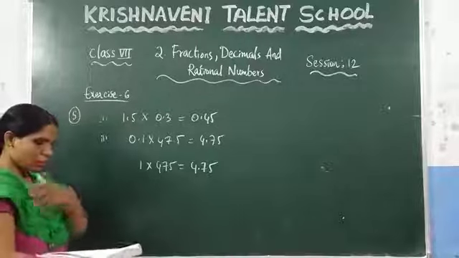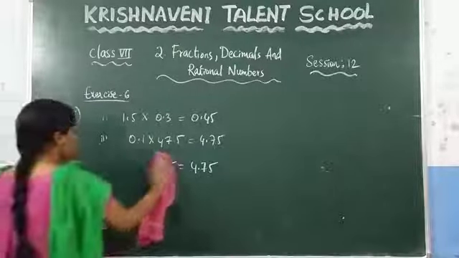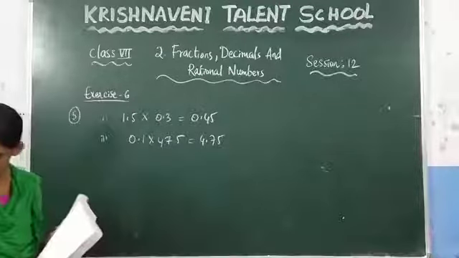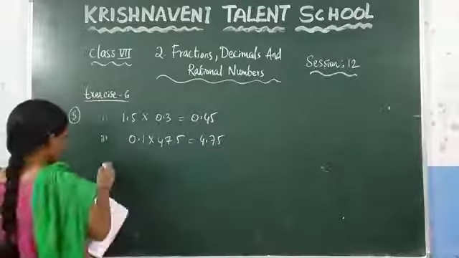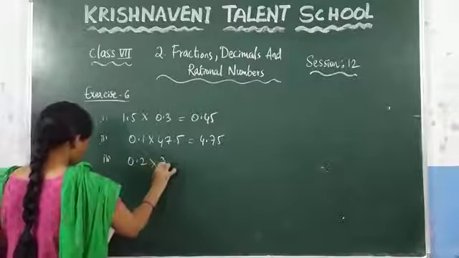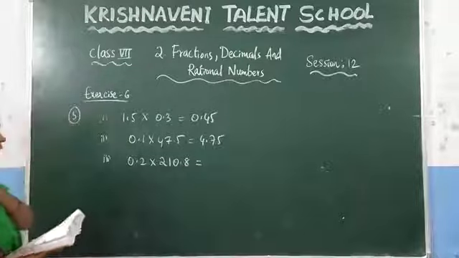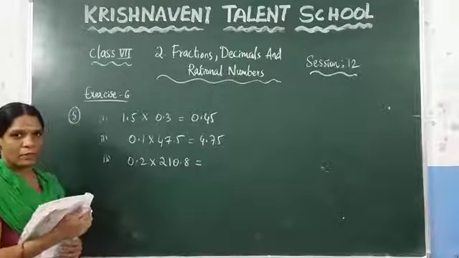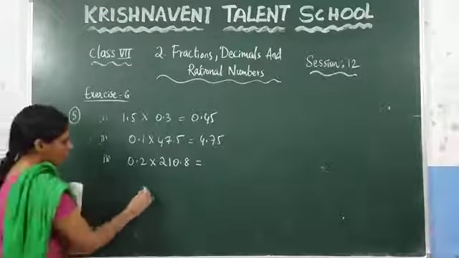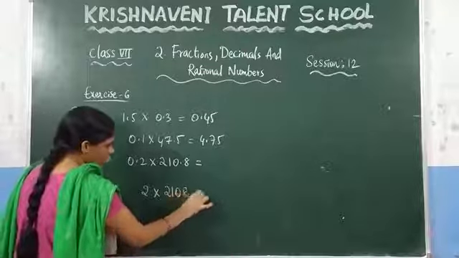Now see one more question here. The third question. What is the third question given here? 0.2 into 210.8. Just write what we have done before. Write the numbers leaving the decimal point. So here what is there? 2 and here what is there? 2108.